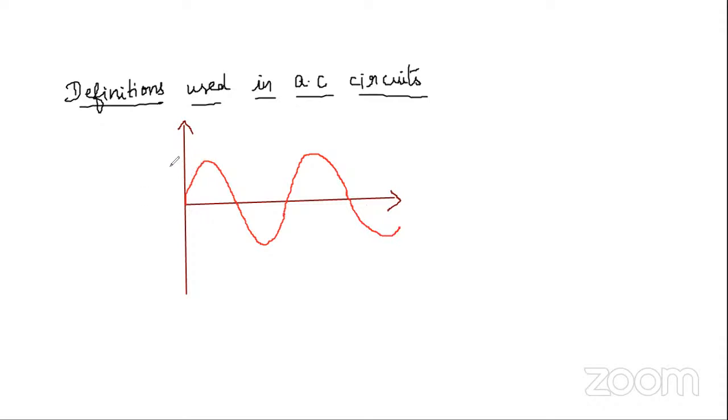So here you see current is along the y-axis and time is along the x-axis. Here I am marking the time period.